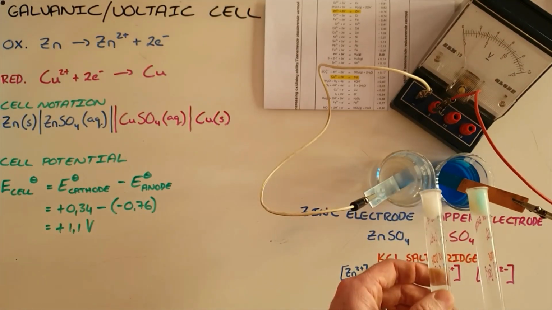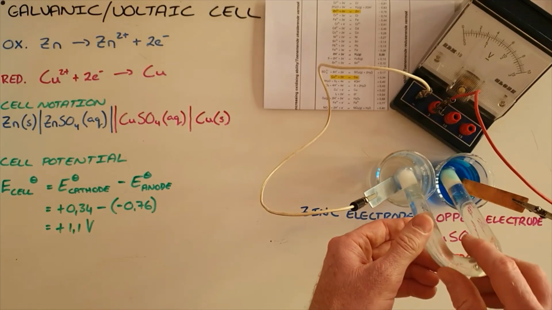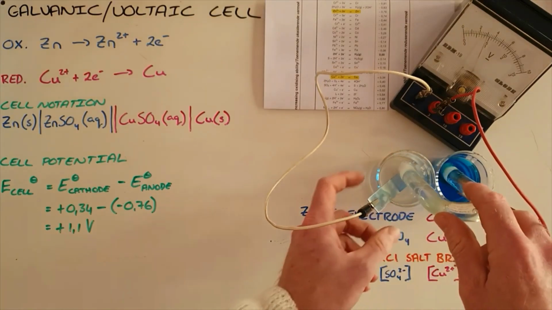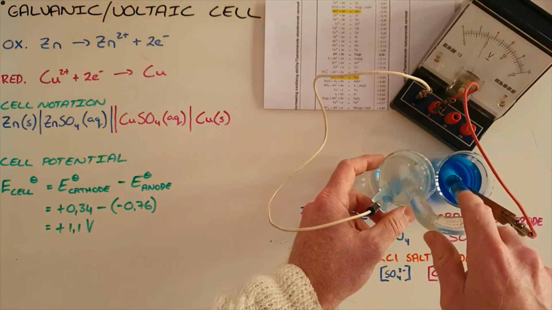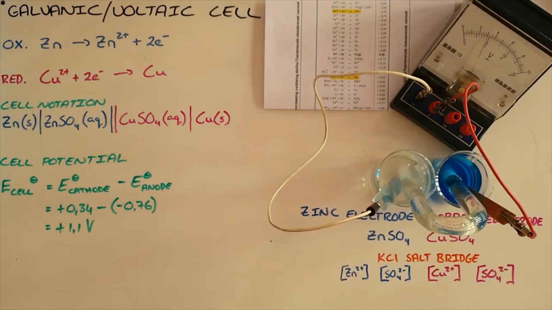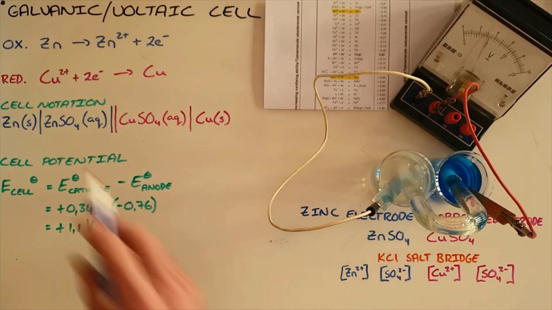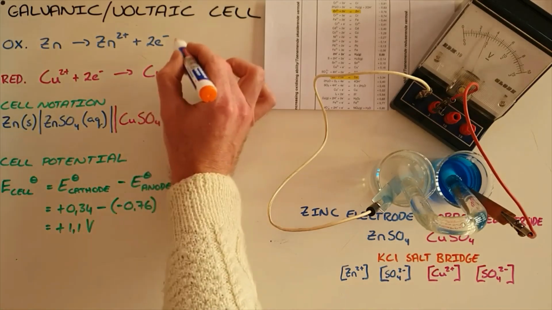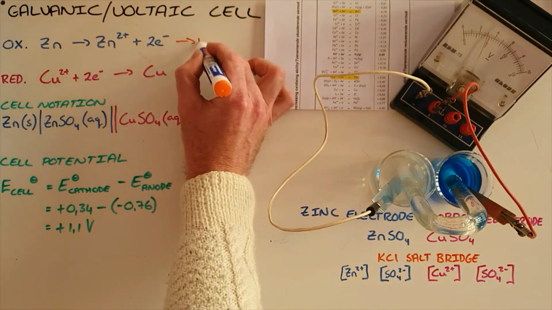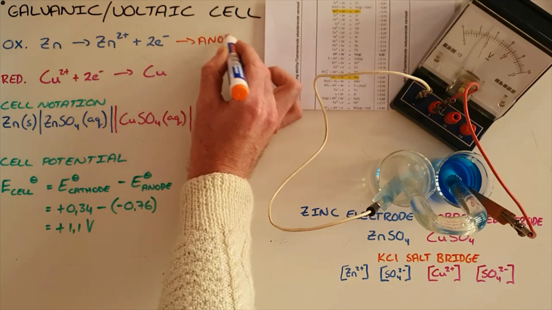And we see that as soon as I complete the circuit, the voltmeter measures a voltage, since there is now a complete circuit, and the salt bridge now acts to maintain electrical neutrality. So what we find happening in this electrode over here where oxidation takes place, we know that oxidation always occurs at the anode.